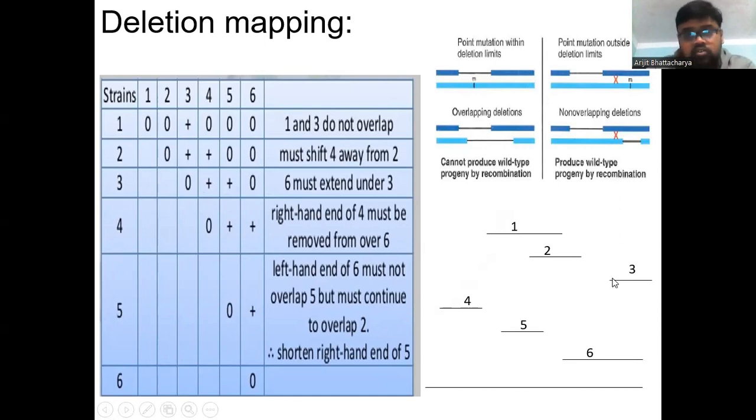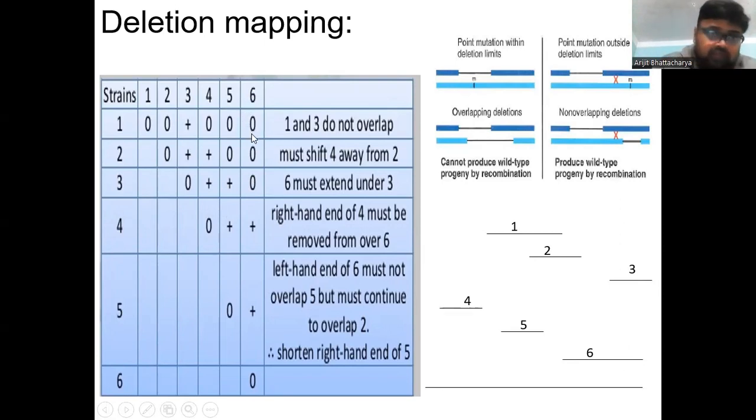Now 3 is non-overlapping with 1, 2, or 4. So 3 is giving you a plus for 1, plus for 2, plus for 4, and plus for 5 as well. So 3 is non-overlapping with all of these. But 3 is not giving any recombinant with 6, so that would mean 6 is overlapping with 3.